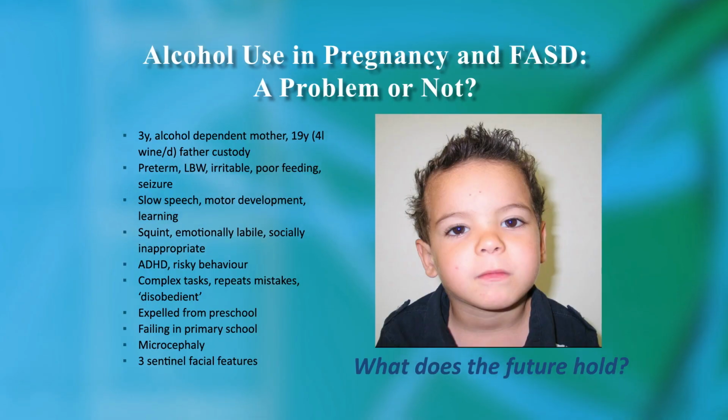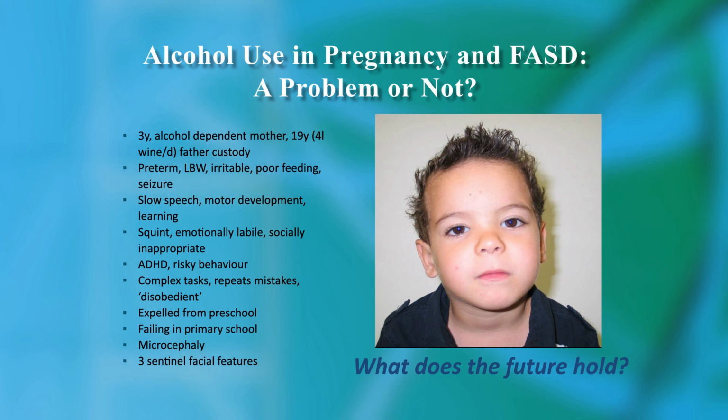And quite often these children are labelled as disobedient or having willful behaviour, when indeed they've got behaviours that they really have very little control of. He was expelled from preschool, and I think those of us around this table will acknowledge that many of the kids we see are those who are expelled from preschool. So really already you have extreme behaviours coming to the fore. And by the time I saw him later, he was failing in primary school and had been suspended from primary school.